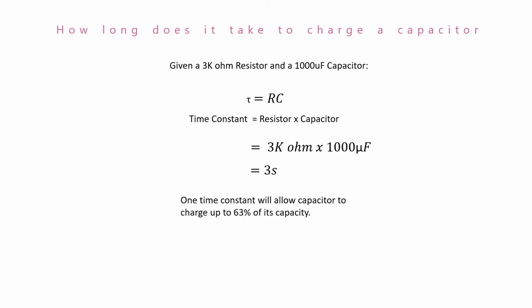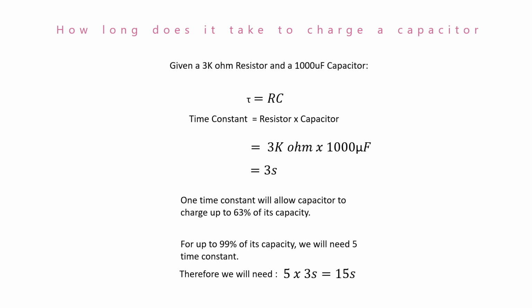One time constant will allow the capacitor to charge up to 63% of its capacity. For up to 99% of its capacity, we will need 5 time constants. Therefore, we will multiply 5 with 3 seconds, which will give us a final result of 15 seconds to fully charge a 1000 microfarad capacitor.